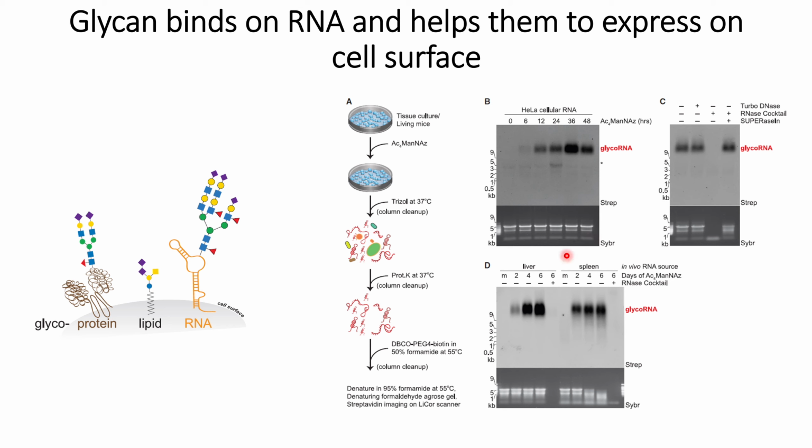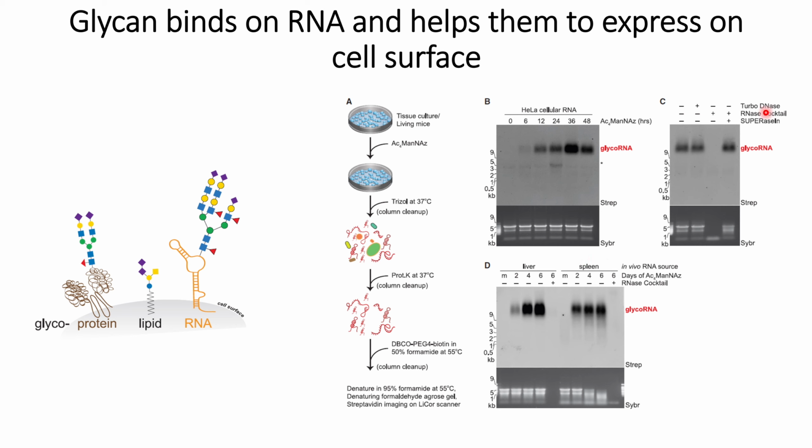In order to check whether they injected the same amount of sample, they did the staining and measured it using SYBR gel stain. We can see that an equal amount of RNA is present within the samples.